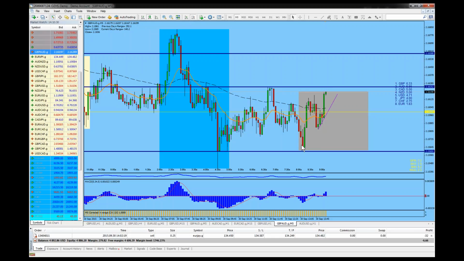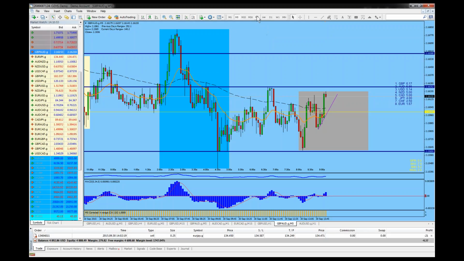This is triangle number 3. So we may get a triangle 4 here. We have to wait for a convincing reversal setup on the candles. And this must be from the 1 hour chart, I'm imagining.